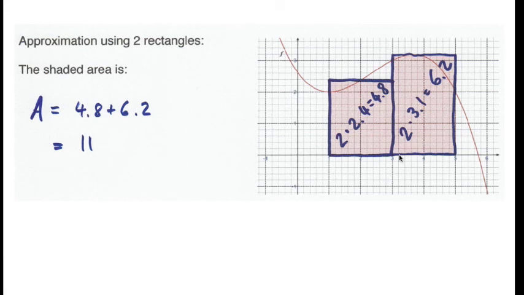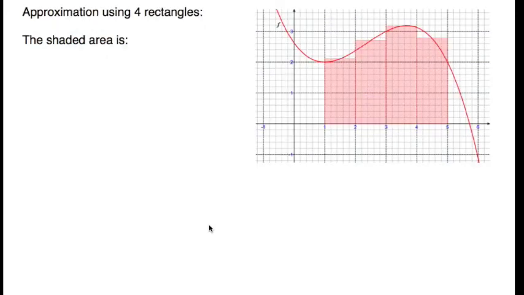For the second rectangle, the base is 2 again, and the height is about 3.1. It's around here if you look carefully at your own page. So the area of the second rectangle is 2 times 3.1, and if we add these two areas, 4.8 plus 6.2, we get an approximated area of 11. But we can do better.